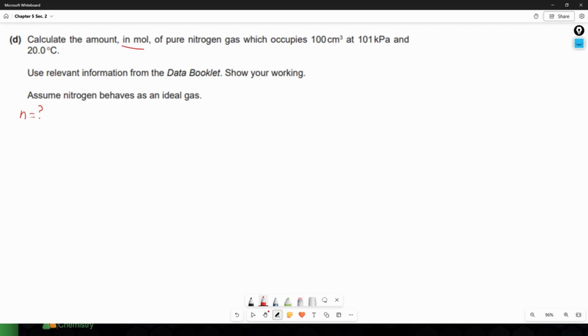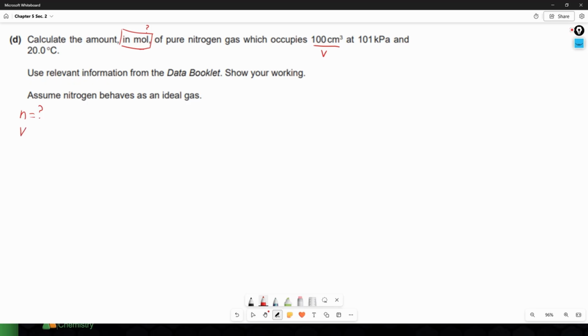We are looking for the amount in moles of nitrogen gas. And that's the very first piece of information we have. And then it tells us that it occupies 100 cubic centimeters. So that's the volume.